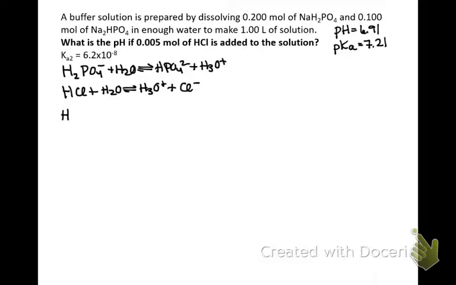We can divide this problem into two major steps. The first step is that we need to think about how the strong acid neutralizes some of the weak base form. So we can write that chemical reaction as HPO4 2 minus, the weak base form, is going to react with all of the H3O plus that comes from adding HCl.